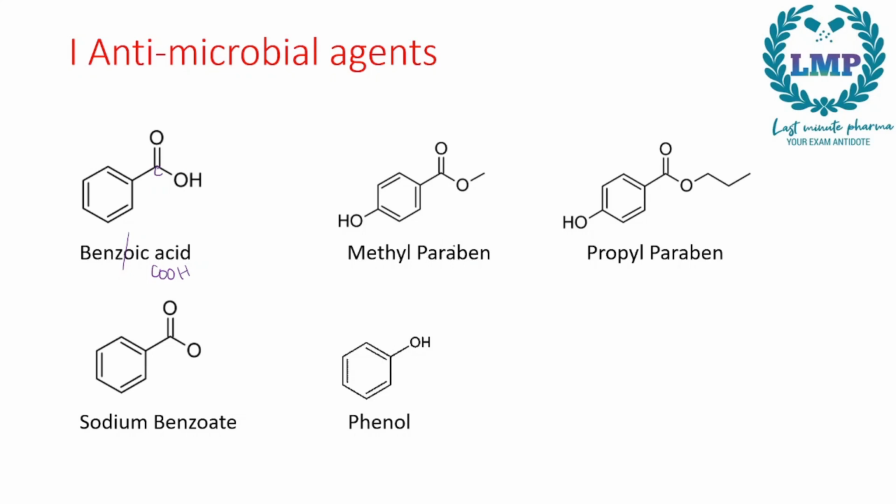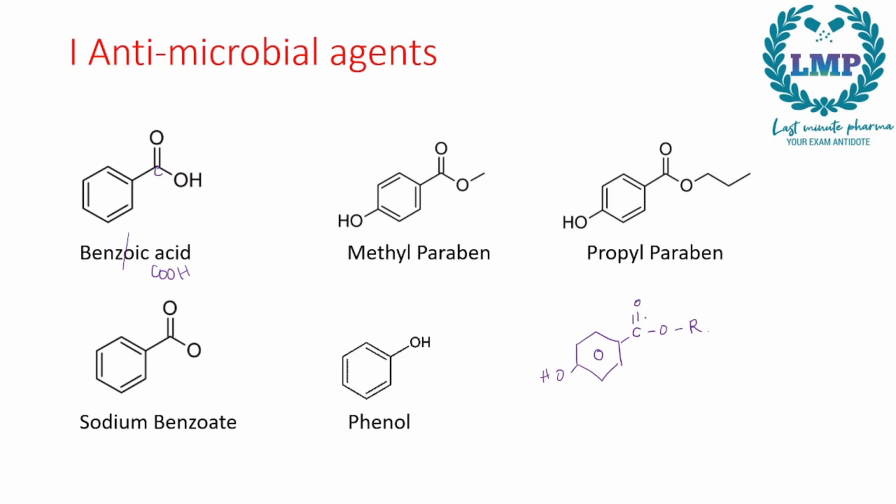Now if we see methyl paraben and propyl paraben, what we will see is the common structure of parabens is something like this: a benzene ring with an OH group. Attached in the para position is a C double bond O and an R group. So this is a paraben group.